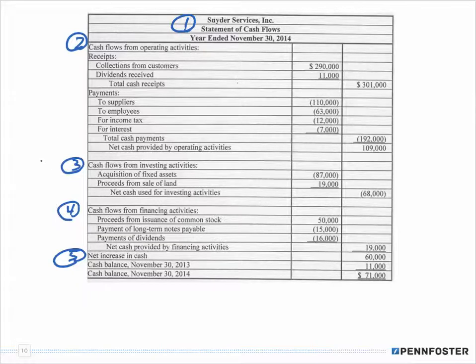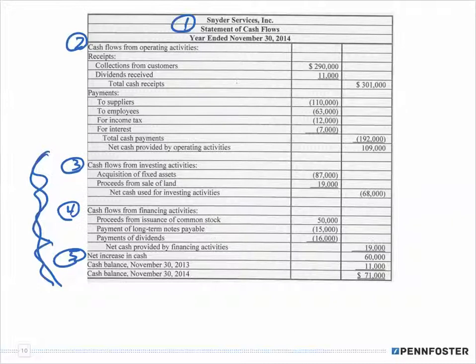And remember, the financing and investing activities sections, and therefore the net increase in cash, are basically the same as when you're creating a statement using the indirect method. However, the operating activity section is very different from the indirect method.